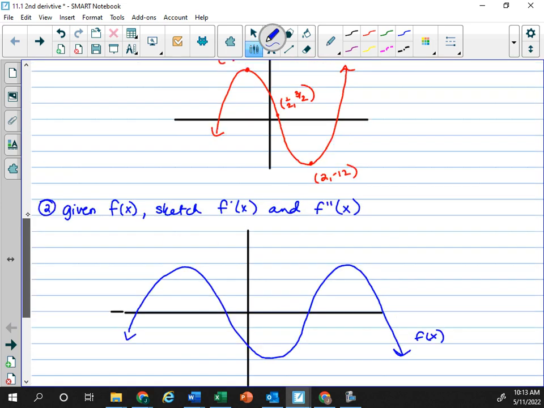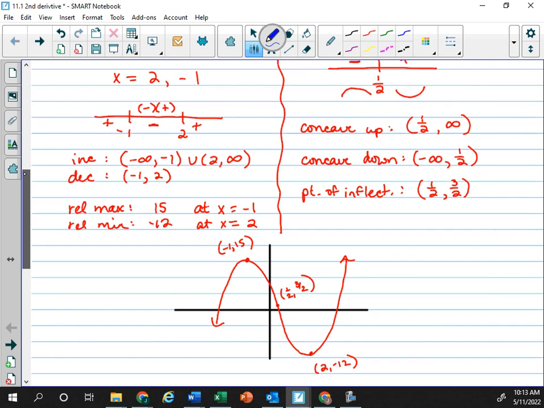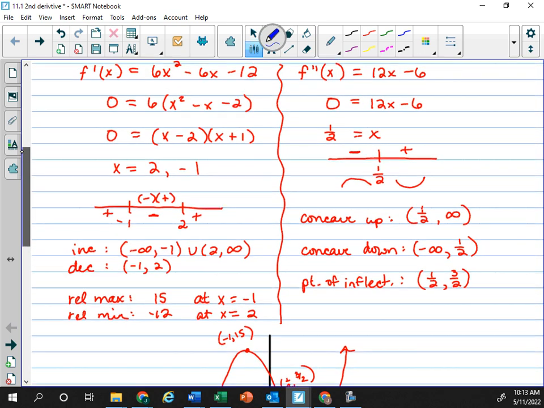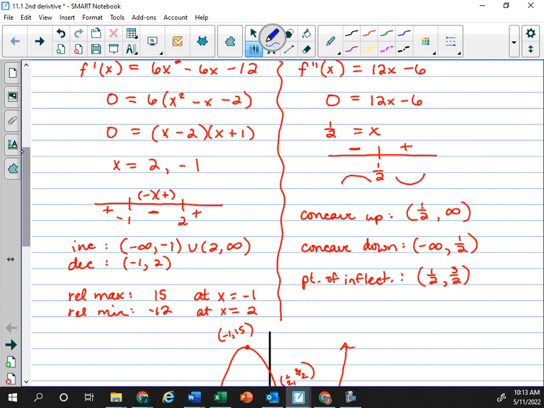Think back algebraically. Think how you found your critical numbers, your first derivative, where it was 0, what was happening on the original graph? We don't know those. Doesn't matter. You can draw it still.